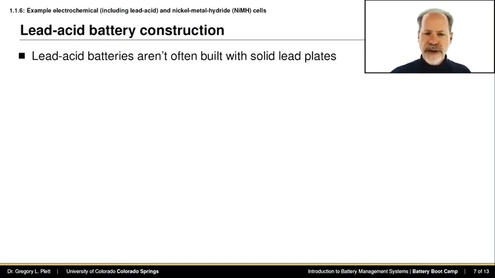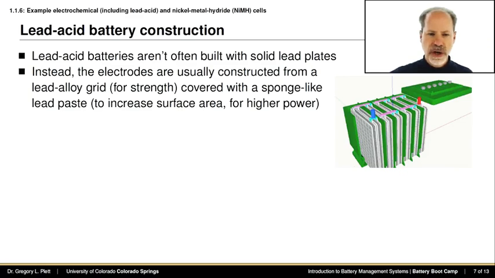Now, lead-acid battery chemistry was invented more than 150 years ago, so the technology is very mature. Even so, there are some variations in how lead-acid battery cells are constructed depending on the application for which the battery will be used. For example, the lead-acid batteries are not usually built using solid lead plates like you might think at first.